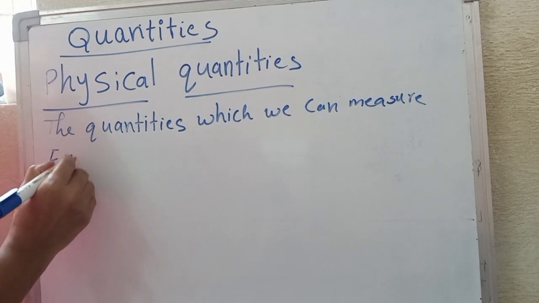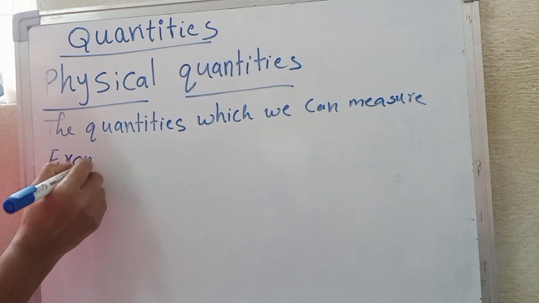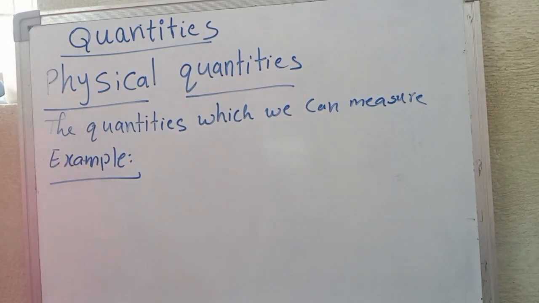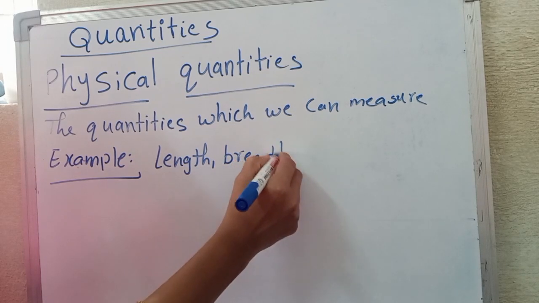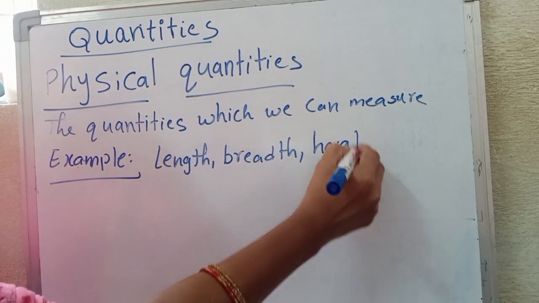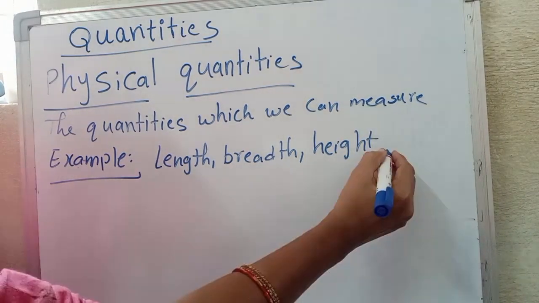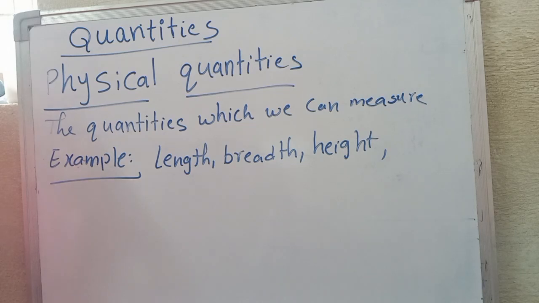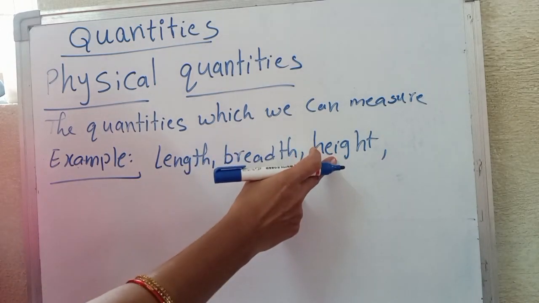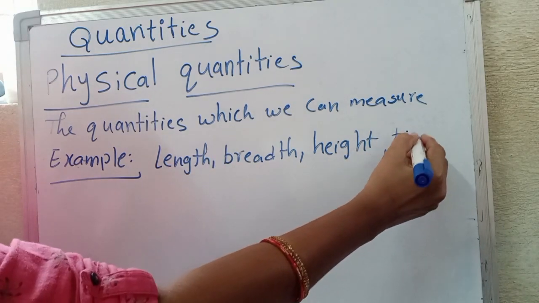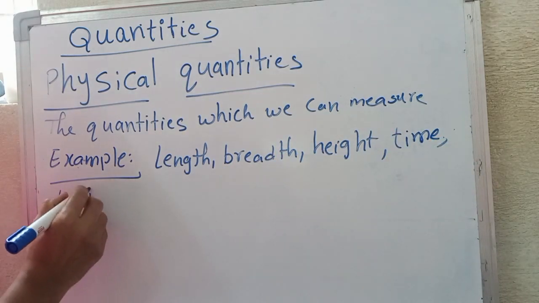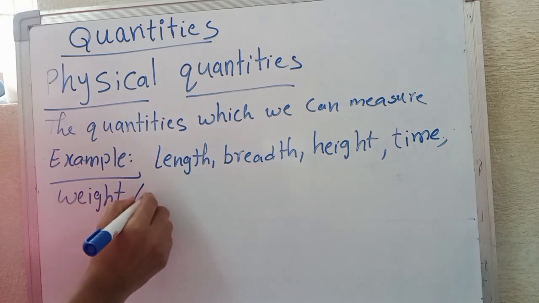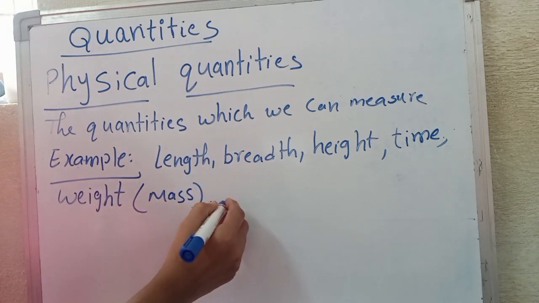Examples of physical quantities: length, breadth, height, speed, time, weight. Weight is also called mass, etc.